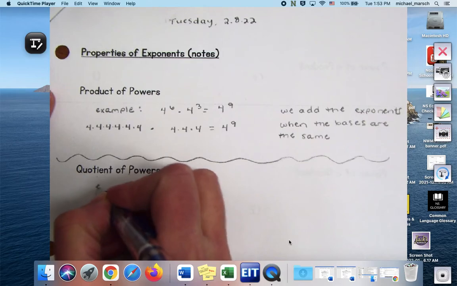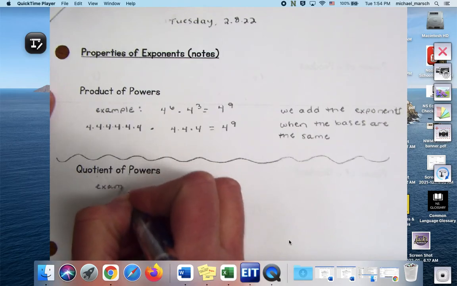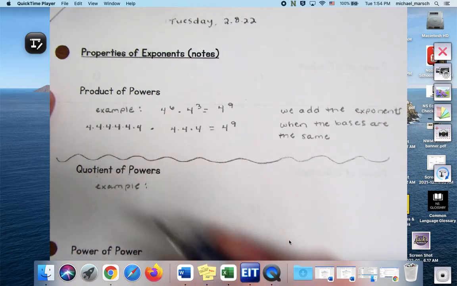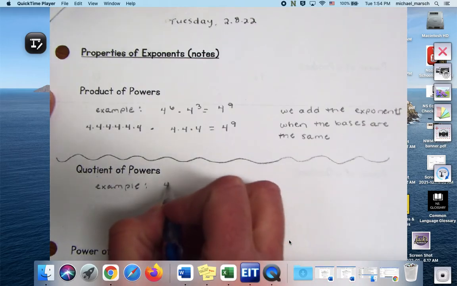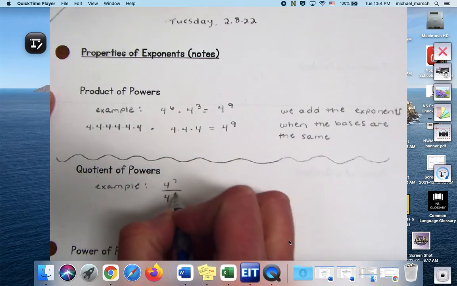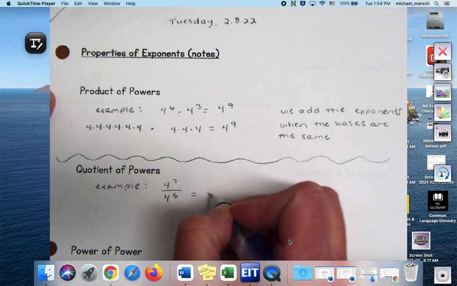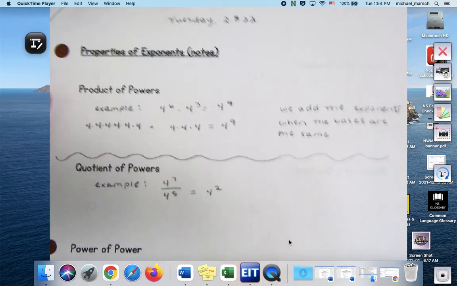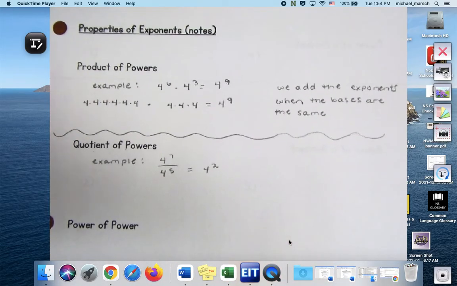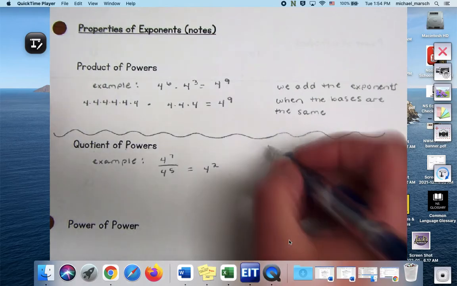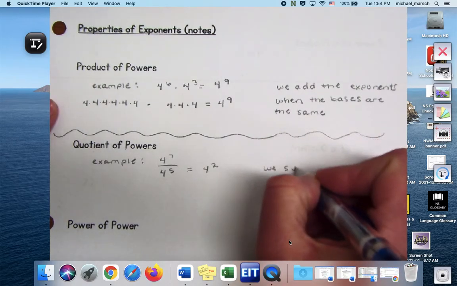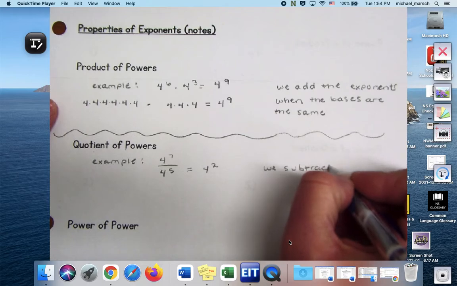All right, quotient of powers. 4 to the 7th divided by 4 to the 5th equals 4 squared. We subtract the exponents.